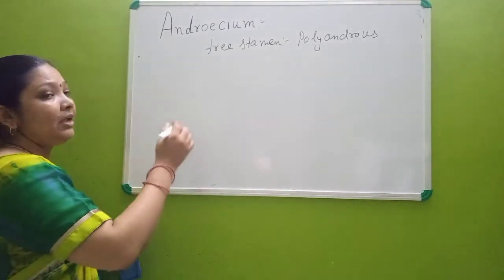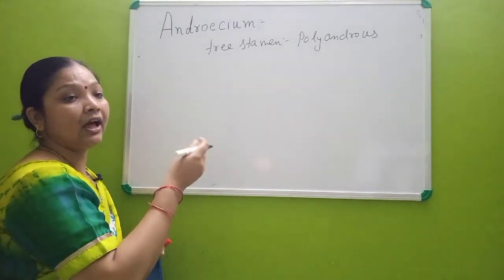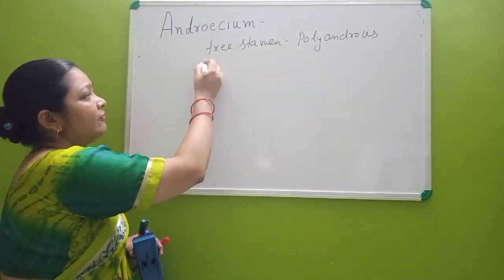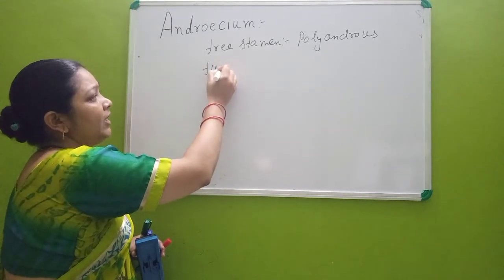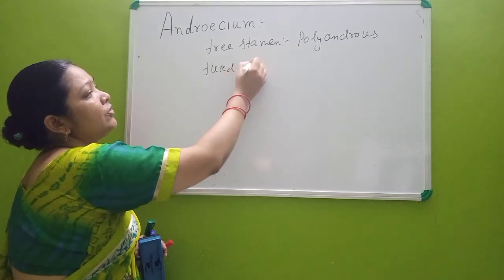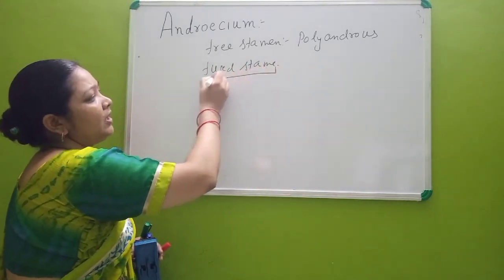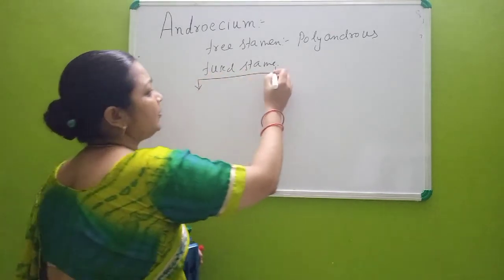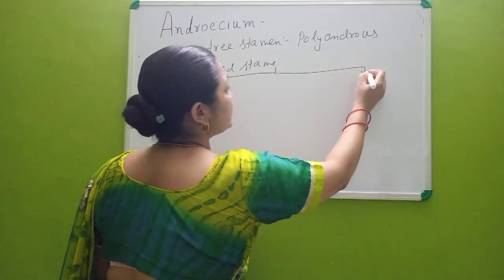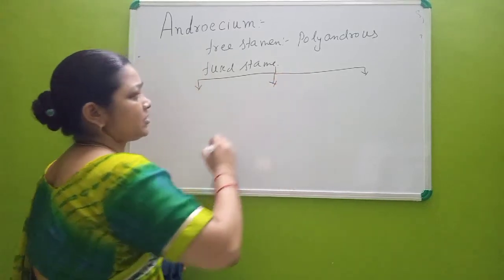Now the second type: if the anthers or the stamens are fused, then it may be divided into three types depending upon which part is fused.